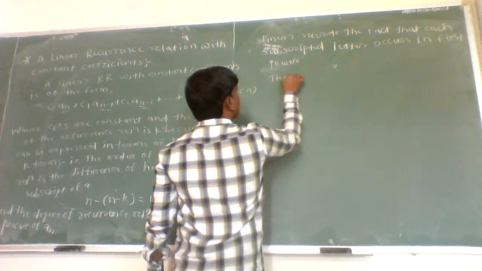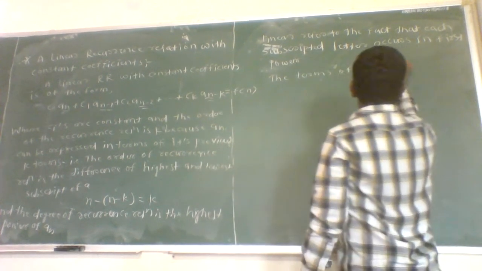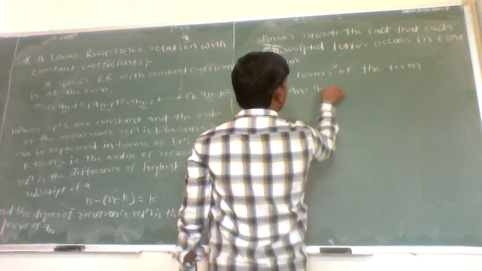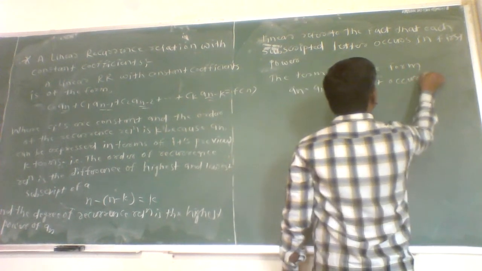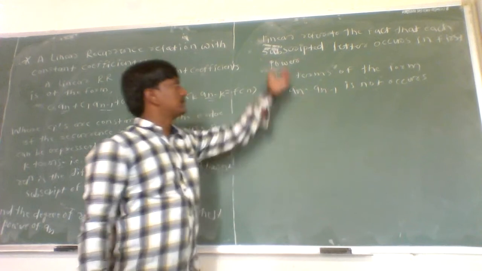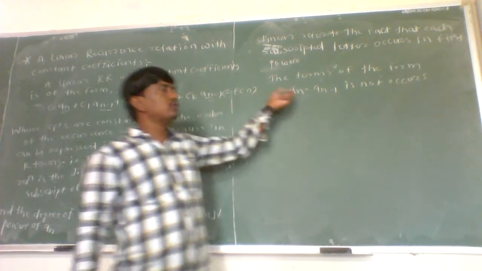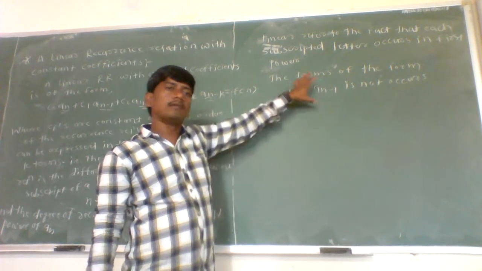Terms of the form a_n times a_(n-1) do not occur. If this type of terms are present, then the given recurrence relation is not linear, since for linear the power must be 1.